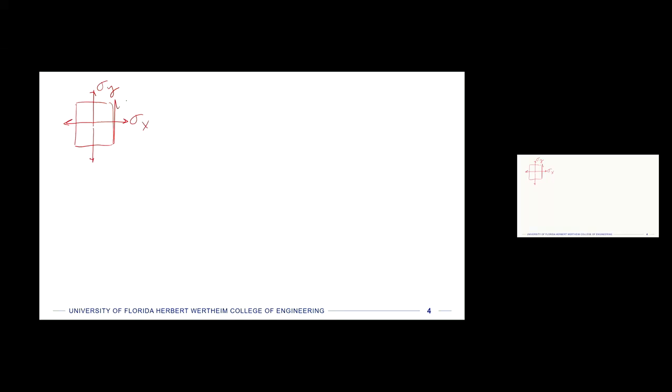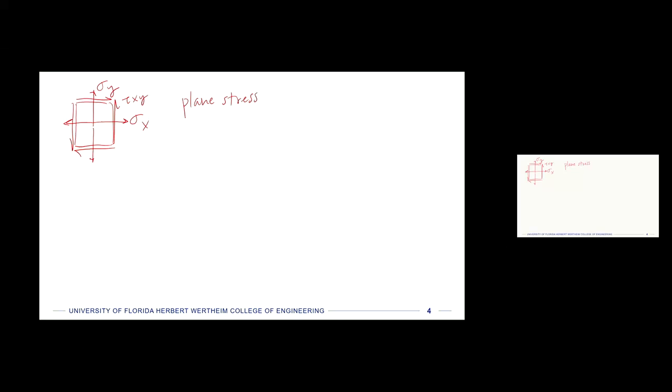And then we also have tau xy on all the planes all around. So we have a biaxial stress state, or we can also call this plane stress because all the stresses are in a plane.